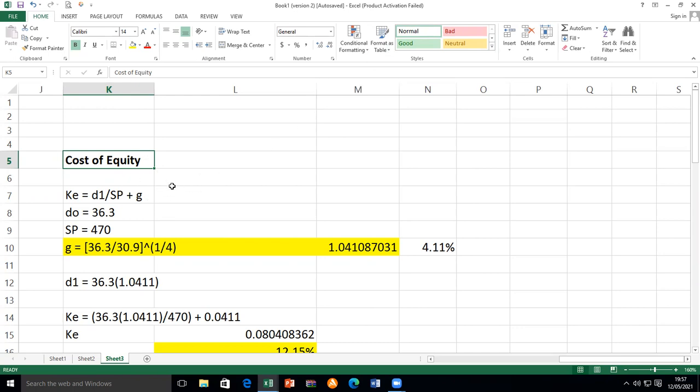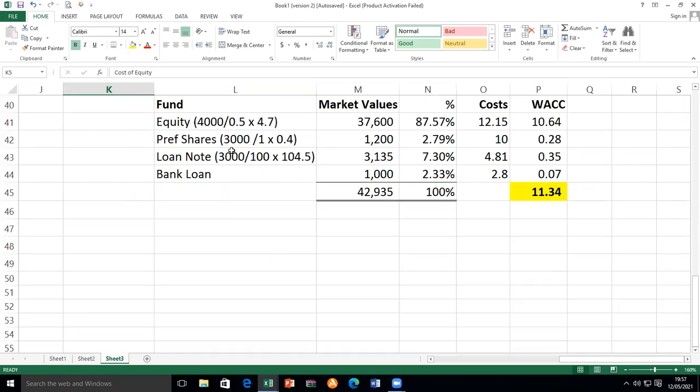So which beta do you pick? Beta from the new industry. When you get the beta from the new industry, what do you do? You adjust it for financial risk by ungearing and regearing. Then you calculate the cost of equity, which you put in this computation.